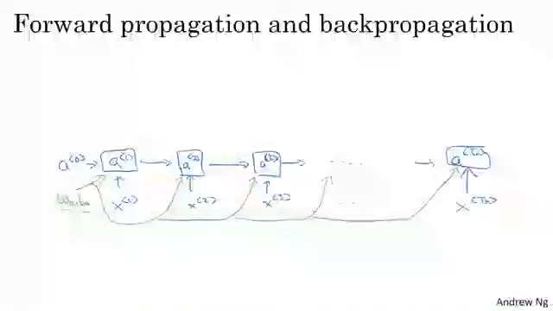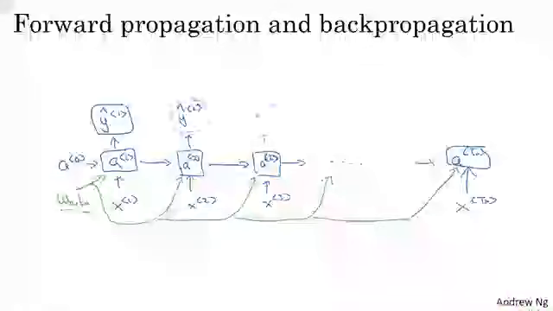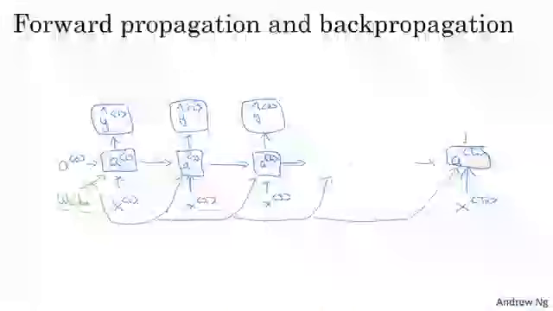Let's keep fleshing out this graph. Now, given a1, your neural network can then compute the first prediction y hat 1, and then at the second time step y hat 2, y hat 3, and so on with y hat Ty here.